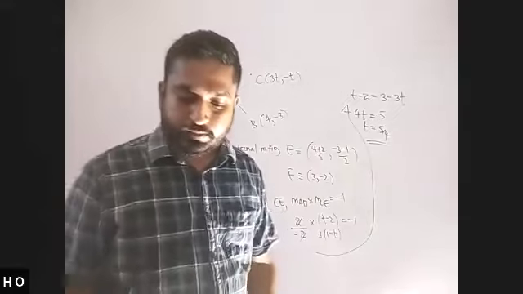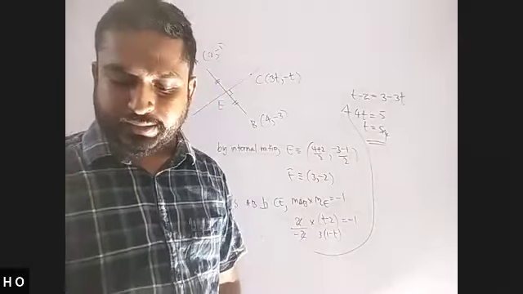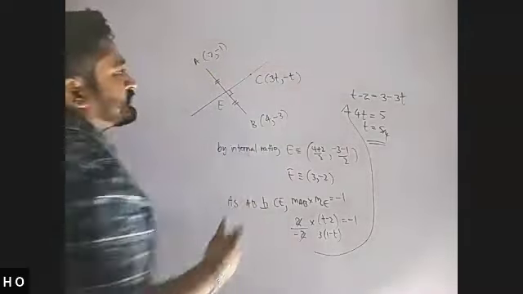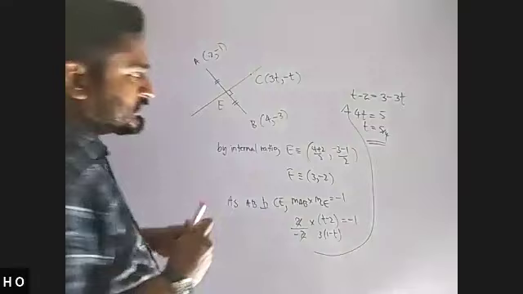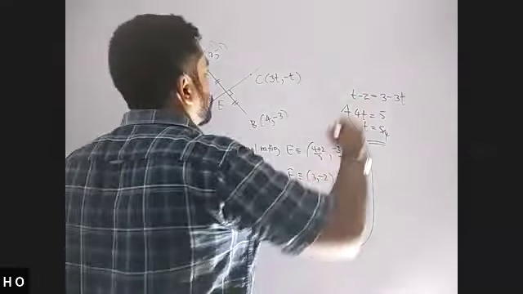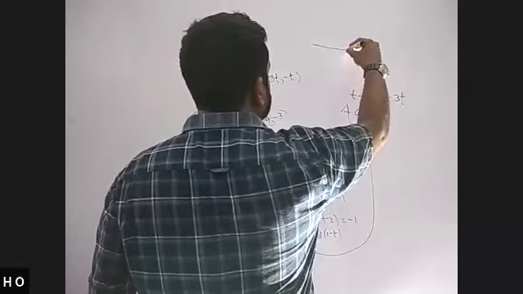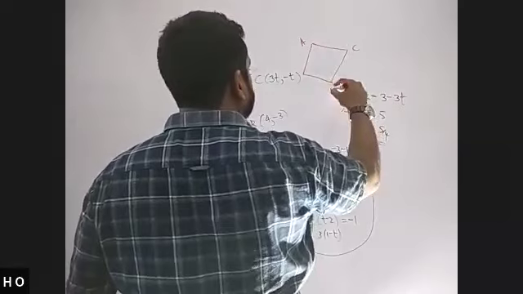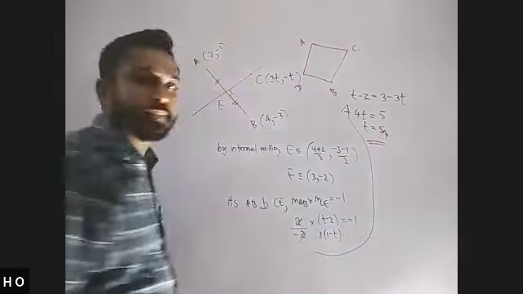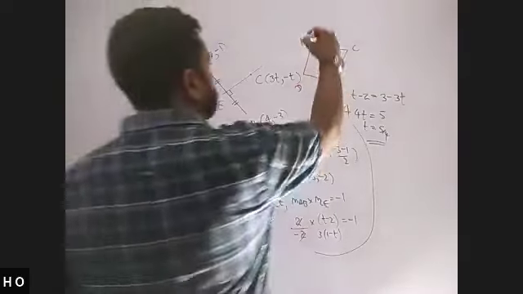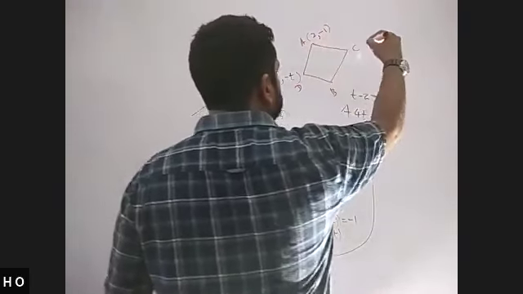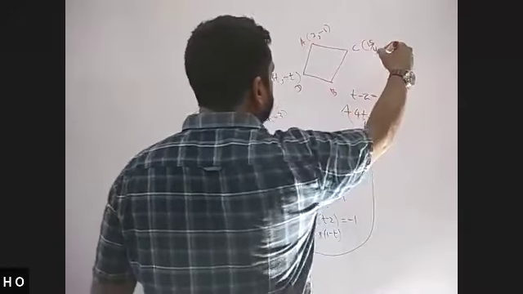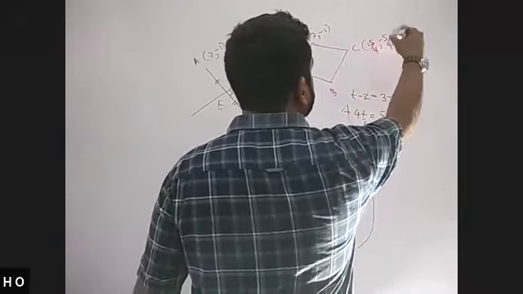Further, using t, find the coordinates of the point D such that ACBD is a rhombus. Now you know C and A. When you consider ACBD to be a rhombus, you know that A is (2, -1), C is (3t - 3, t), so (3/4, 5/4).